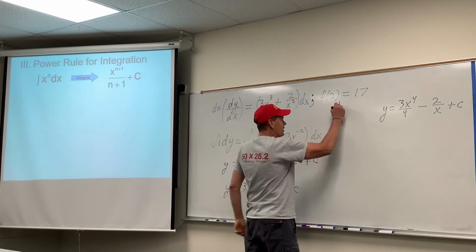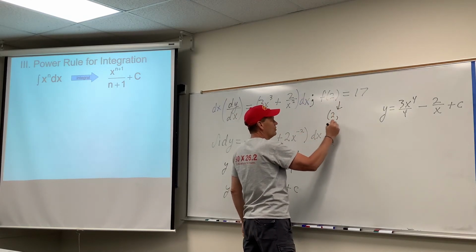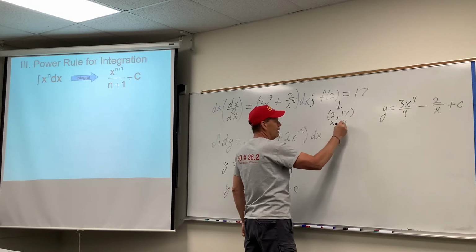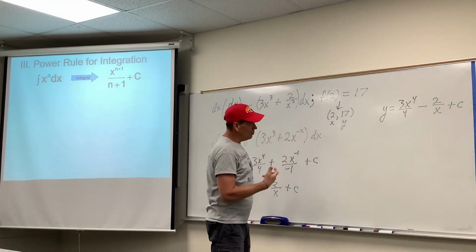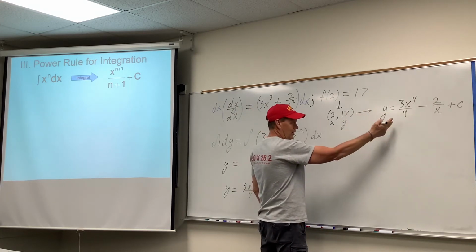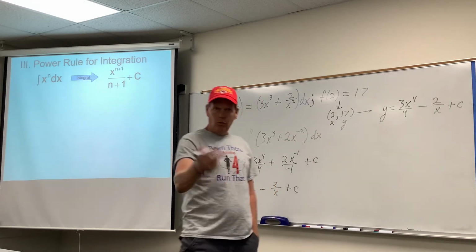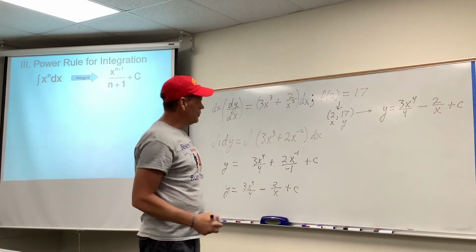And this is basically saying when x is 2, y is 17. So if we impose that information onto the question, put 2 in for x, put 17 in for y, we'll be able to use algebra to solve for c.